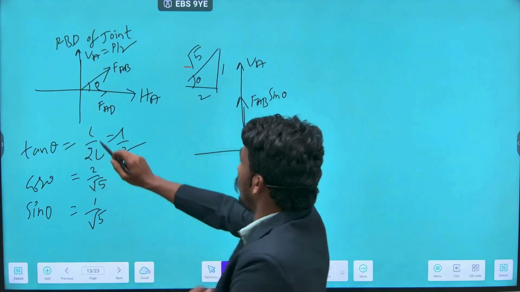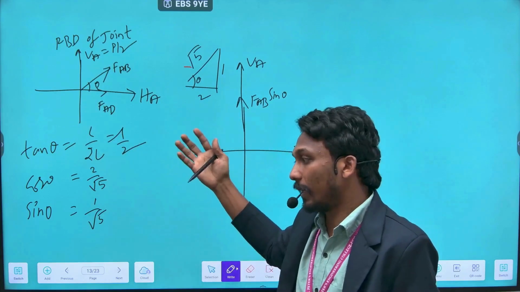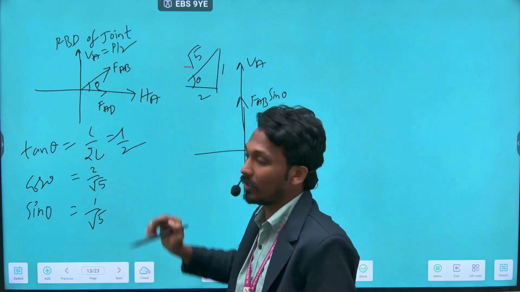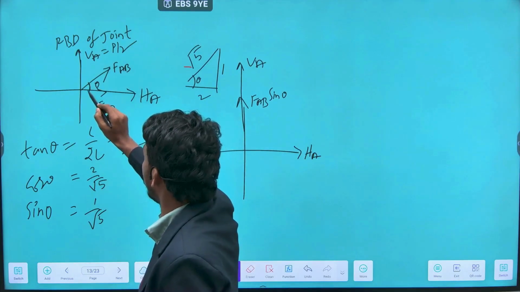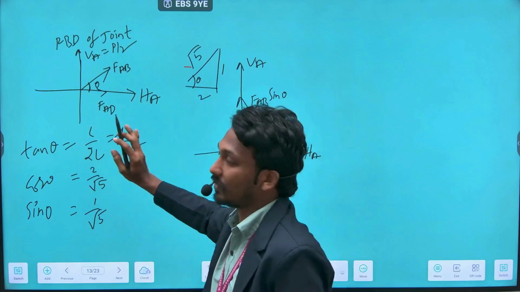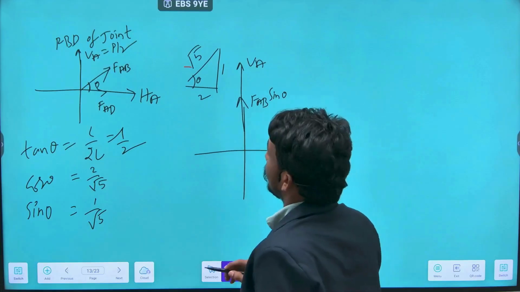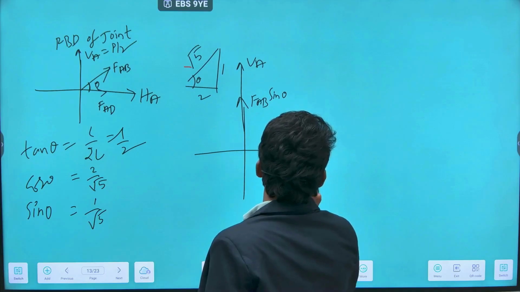You might have already dealt with these things in engineering mechanics, so I'm not going into detail. In simple terms, whichever side is close to theta, that will be cos theta, whichever side is away from theta, that is sin theta. So this is FAB sin theta, this will be FAB cos theta.